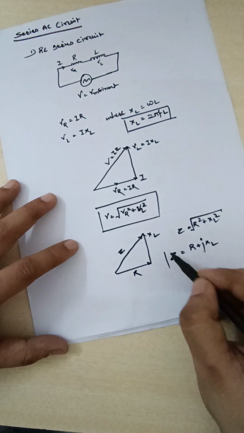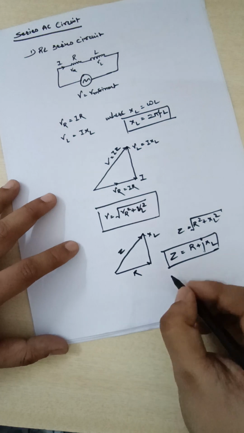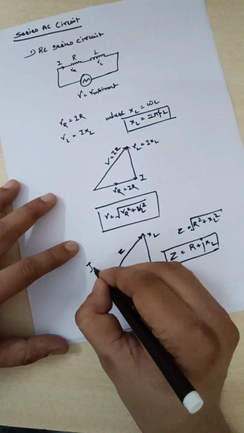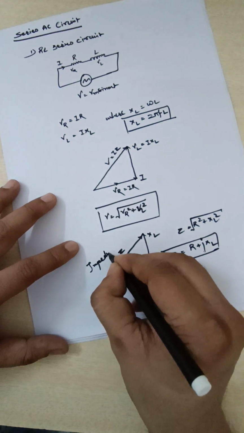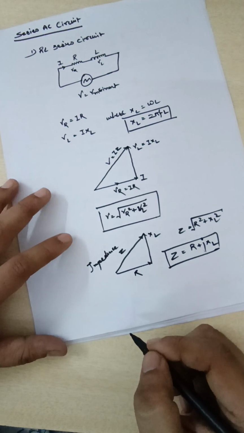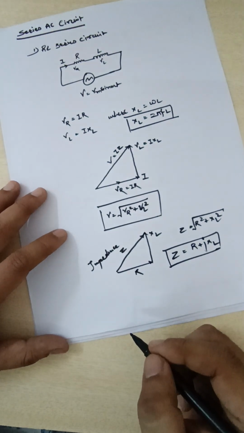So this will be the expression of impedance. This Z is called the impedance for the circuit. Clear?